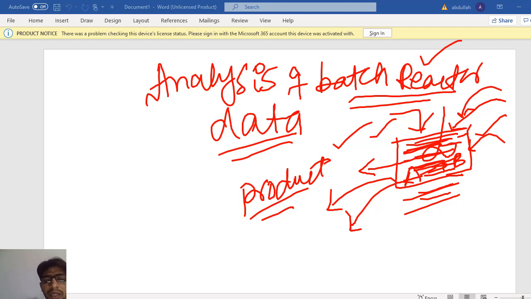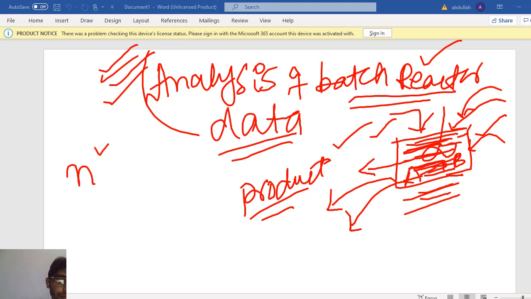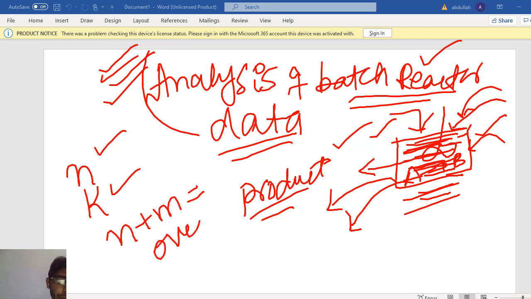Sometimes we need the overall order of reaction. So what is meant by the analysis of batch reactor data? Sometimes we need the order of reaction, sometimes the rate constant, sometimes the overall order of reaction, and sometimes the rate of reaction.